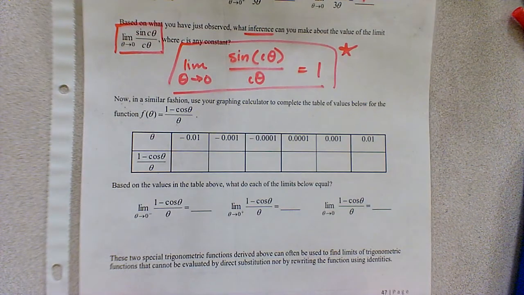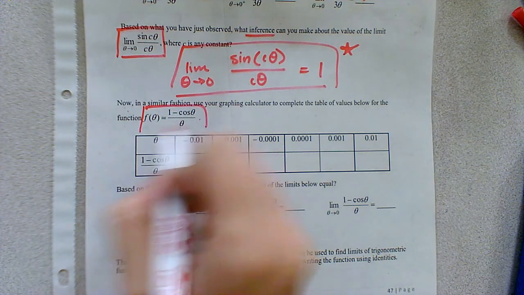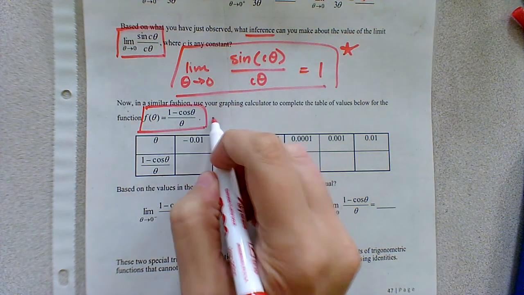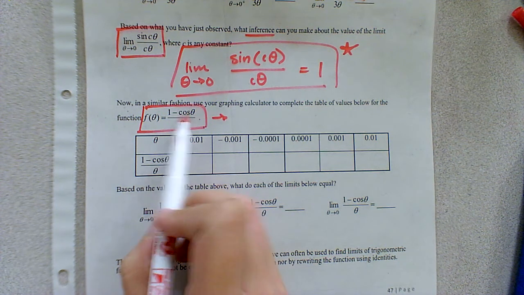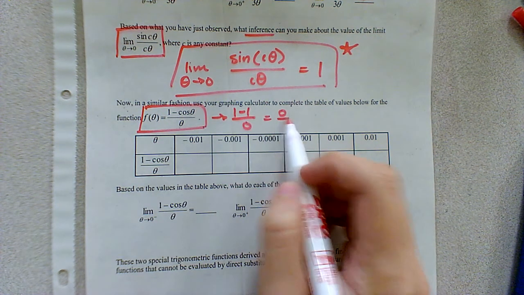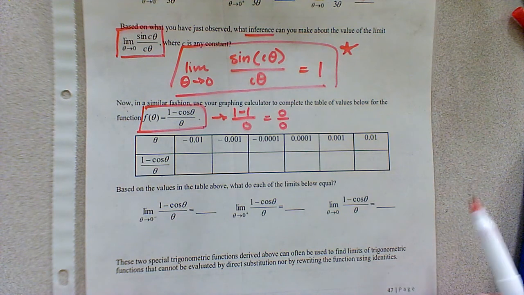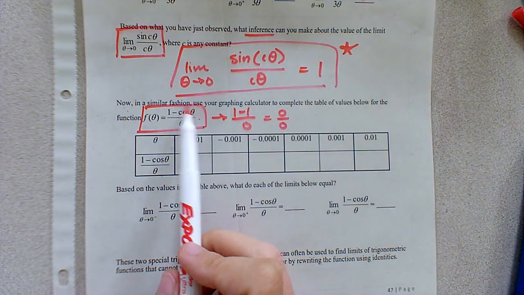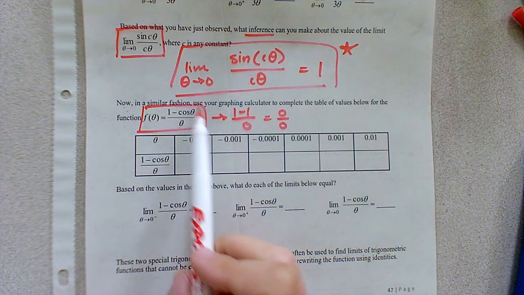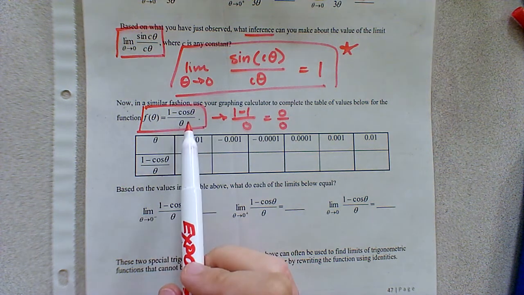If we try a very similar one, we're going to go ahead and check out this function, and again we're going to be approaching 0. So if we try direct substitution first, cosine of 0 is 1, and it looks like we'd get 0 over 0. So unfortunately, there's no trig identity we can use here. There's no way we can factor it or use a conjugate or use fraction properties.